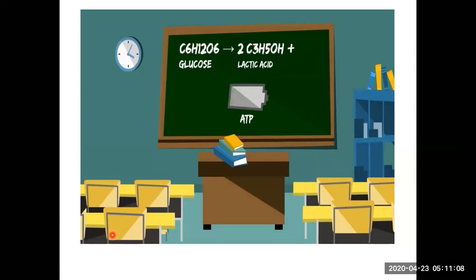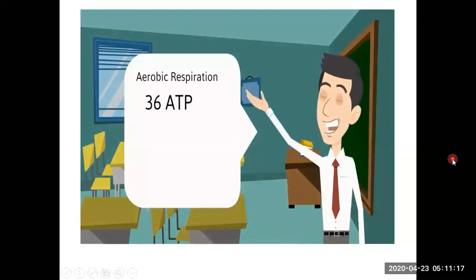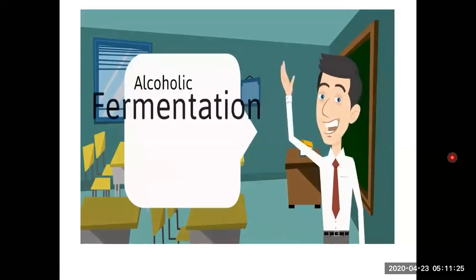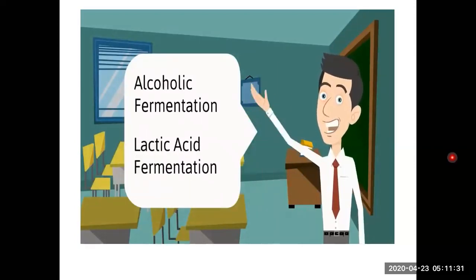To get an idea of how inefficient fermentation is, during aerobic respiration, 36 ATPs are produced per glucose, and in fermentation, only 2 ATPs are produced. So there we go, two types of fermentation, alcoholic and lactic acid, but they're helpful because they help to create energy when there's no oxygen around.